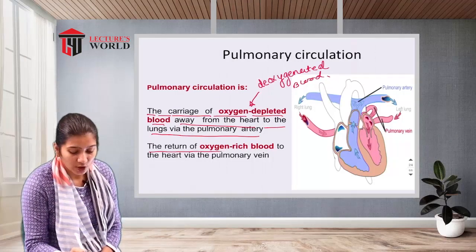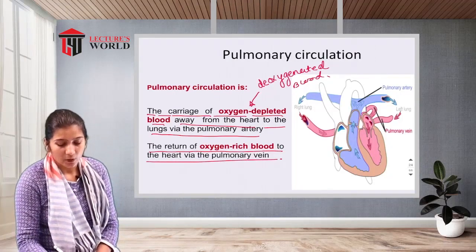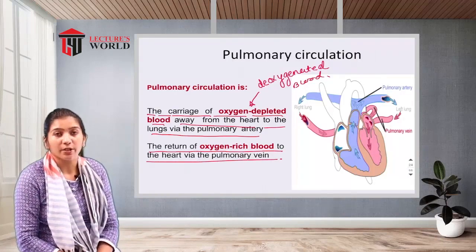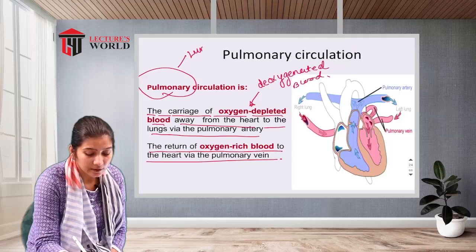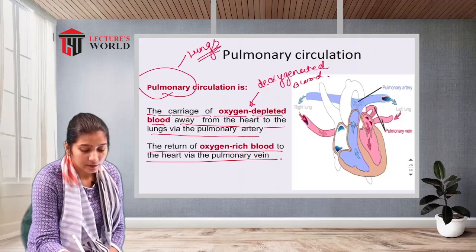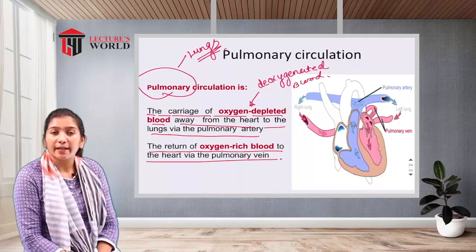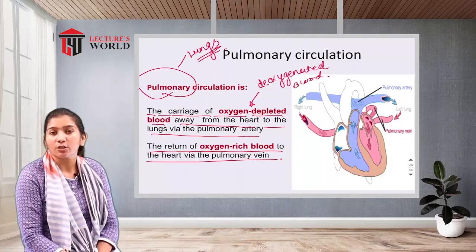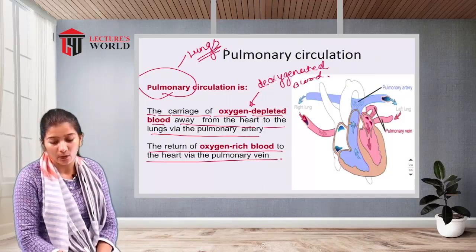The return of oxygen rich blood to the heart via the pulmonary vein. So what is the pulmonary circulation? Pulmonary means the lungs. The deoxygenated blood carried from the heart to the lungs and oxygenated blood coming from the lungs is known as the pulmonary circulation.